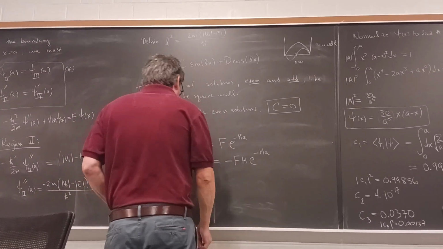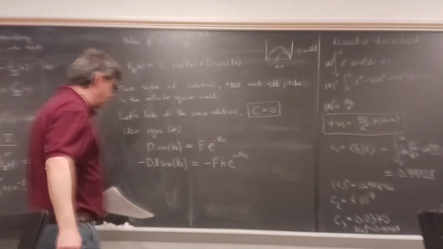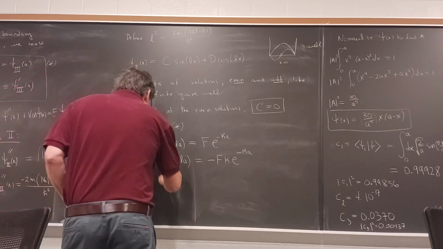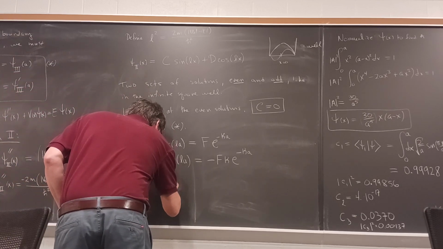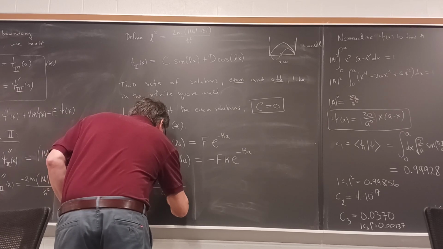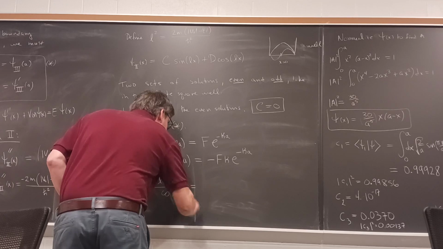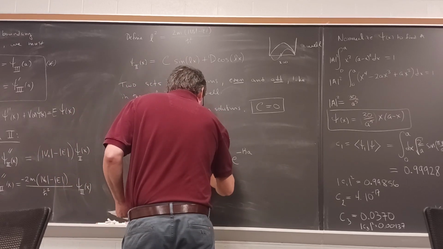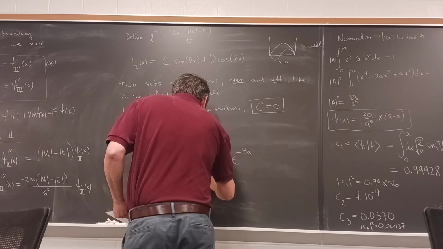And that's what we want to exploit. If I just look at these two equations, the first thing that comes to mind is why don't I just divide one by the other so I can get rid of my D's and F's. So if I do that, I'll have minus L sine LA over cosine LA is equal to minus, F's will go away, just minus kappa.